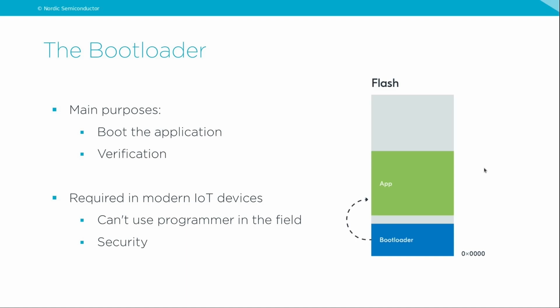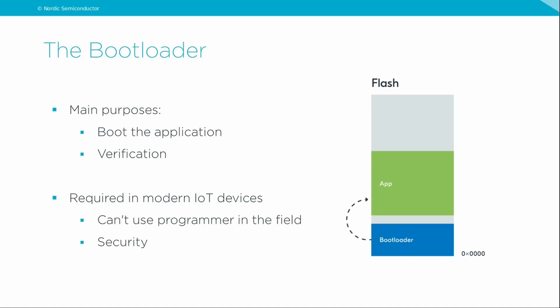But we are getting requirements, both expectations from customers, and also there are more and more regulations that require security. So because of this, you want to have a bootloader because it's mandated by regulation often. So remember to check that before you launch your products. If a regulation does mandate security, and if they mandate that you have a bootloader, chances are they will.